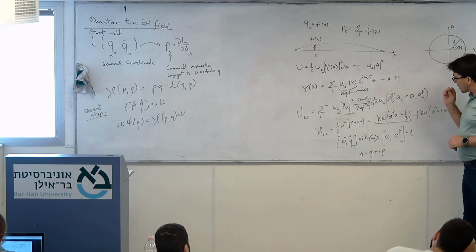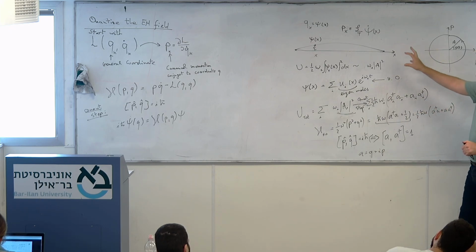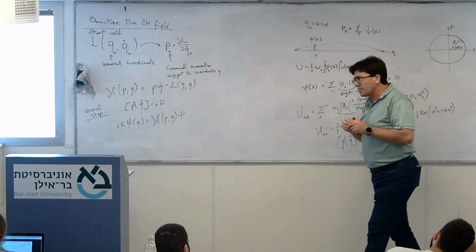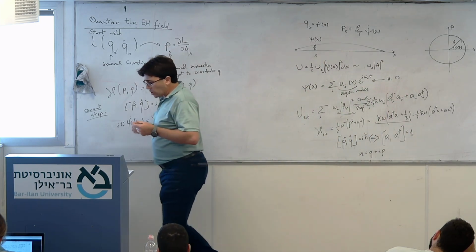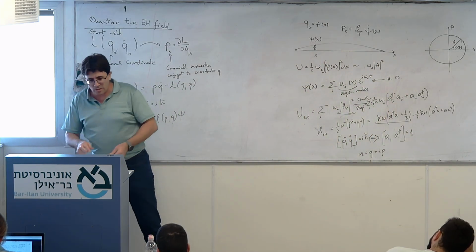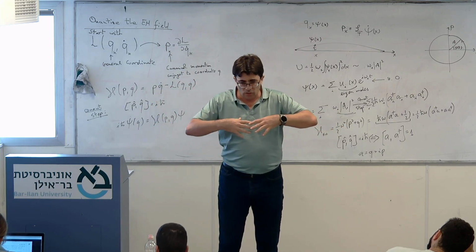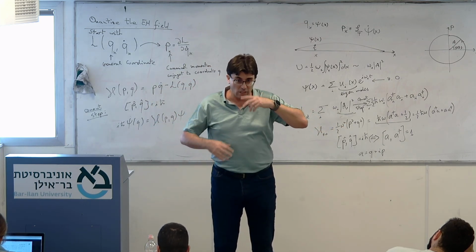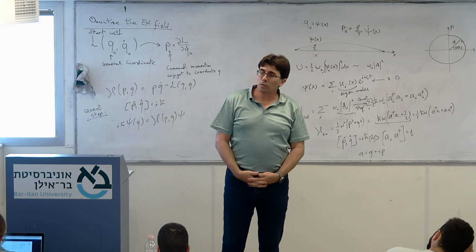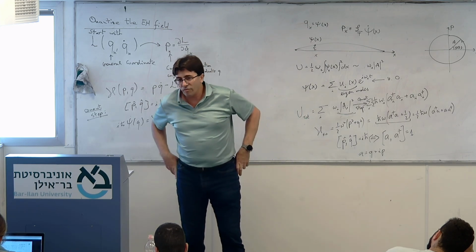But let me say something a little bit more. Let's think a little bit more about the string in real space. We feel still a little bit more comfortable about it because what is vibrating is real. We see a real vibration, and we say, okay, it has an amplitude and a phase.